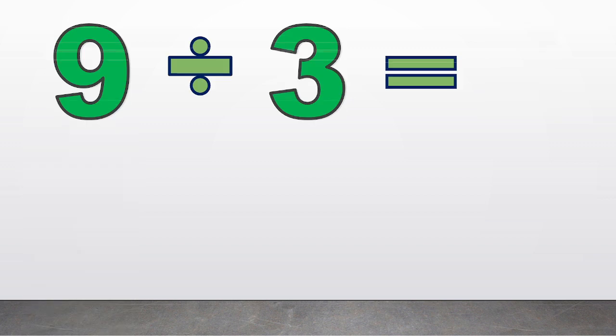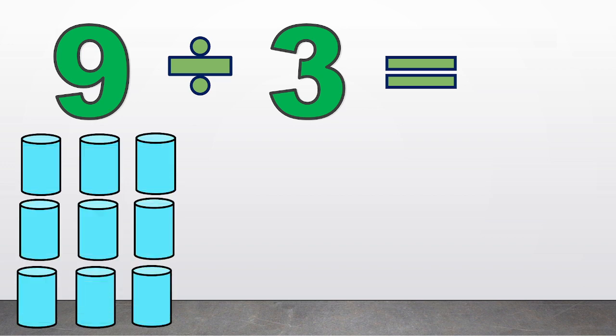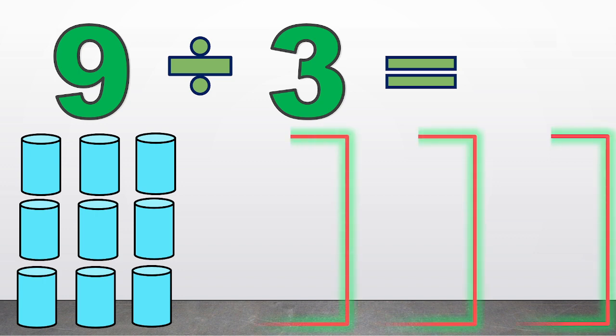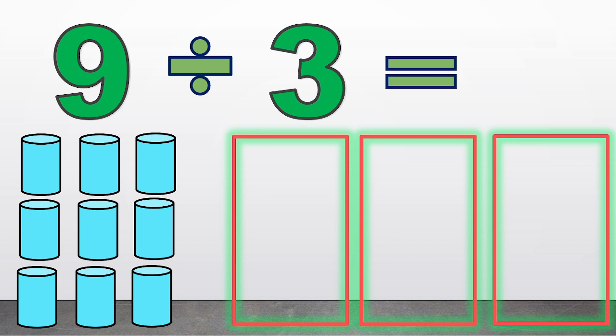Another example, 9 divided by 3. Let's divide using pictures. 9 cans divided by 3 groups. 9 cans, we need to divide 3 equal groups.